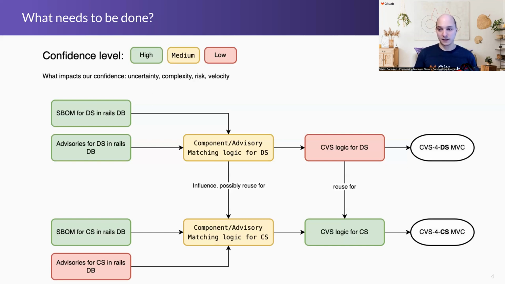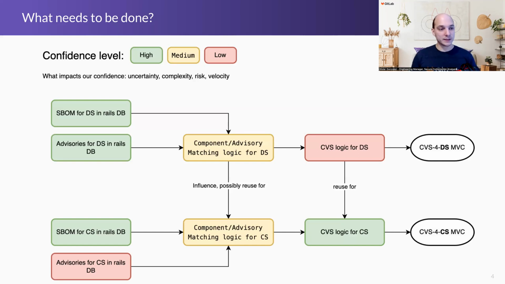Once we've achieved that, there is a very huge part that remains, which is what I call the CVS logic, which is adapting the existing code and all the logic that we've developed for the past 5 years to move away from that concept of being tied to a CI pipeline to something else. And that means all the code base that we've built along those years has to be updated. This is a fairly big amount of work.